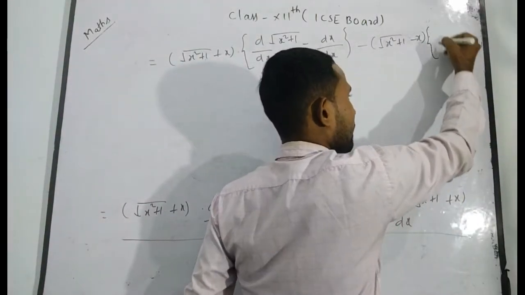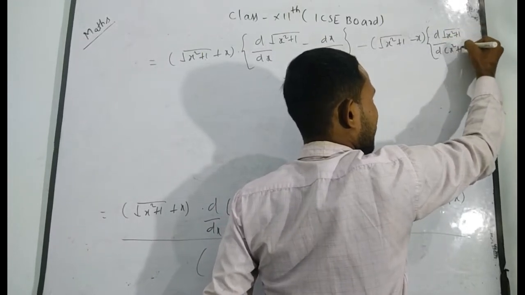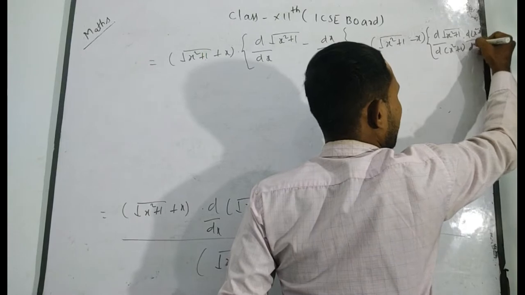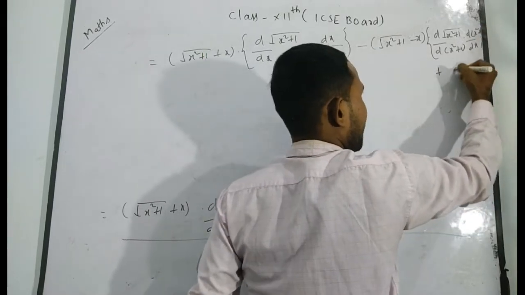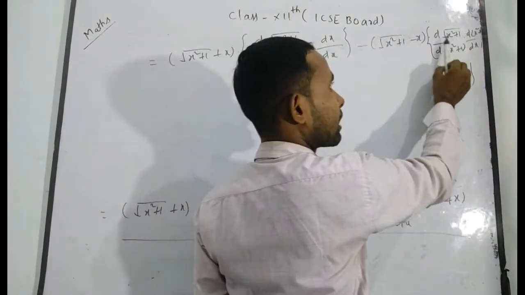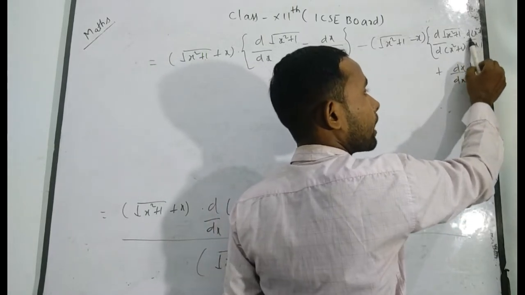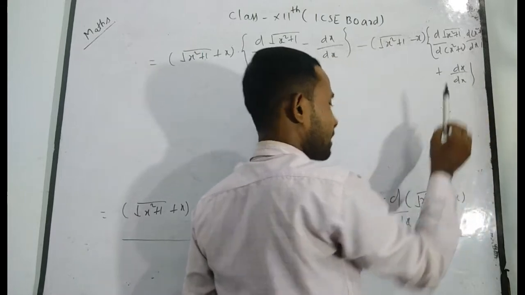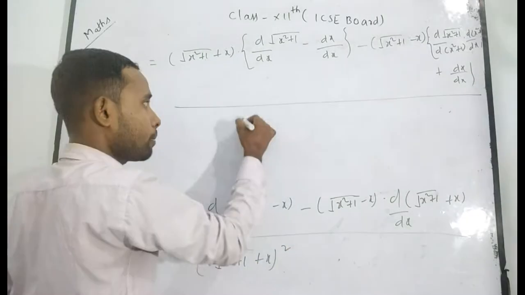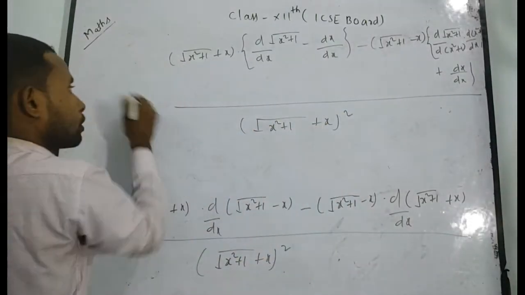Similarly, here you have to write the derivative of root under x square plus 1 with respect to x square plus 1, into the derivative of x square plus 1 with respect to x, plus the derivative of x with respect to x, divided by the whole square of the denominator, (x square plus 1 plus x) whole square. I think you understand very well.